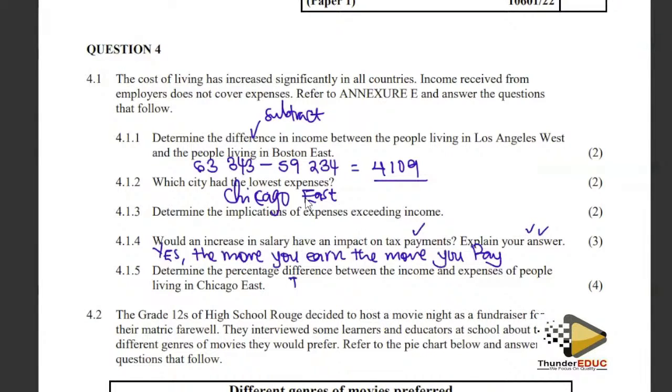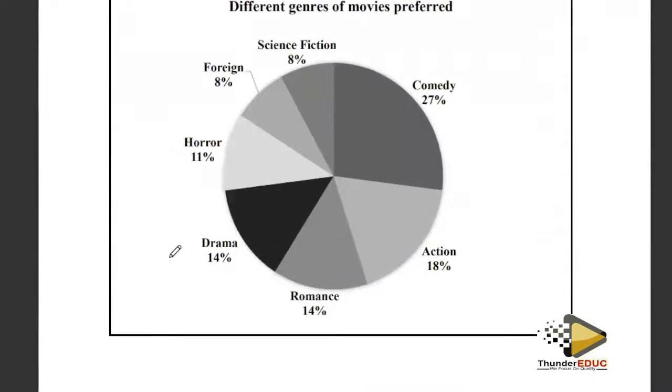So meaning income minus expense over expense times 100, which equals 49,200 minus the expense, over the expense, times 100. And your answer became 4.2.